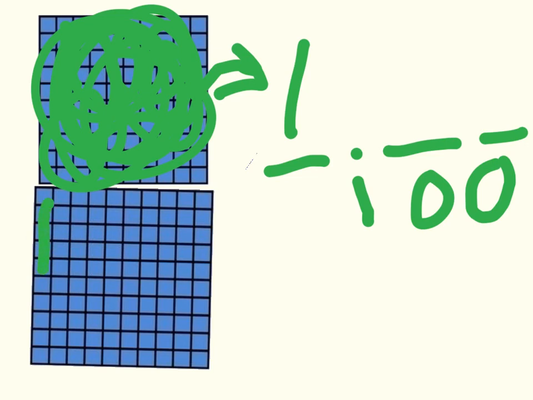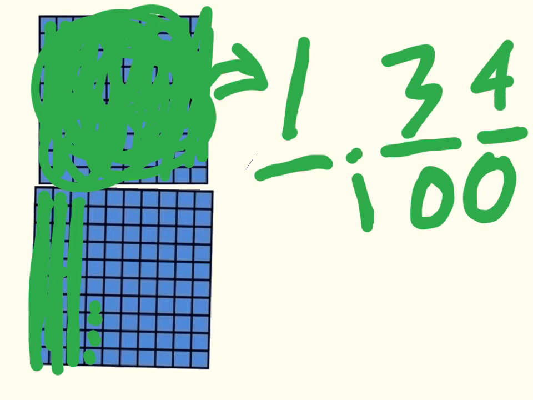If I had 3 of these filled in, that would make it a 3 in the tenths place, because there are 10 of the sticks in each hundredth. But these would be in the hundredth place, because there are 100 of them in each. There are 4 of them, so I'll put a 4 in the hundredth place. Now that is how you do that.